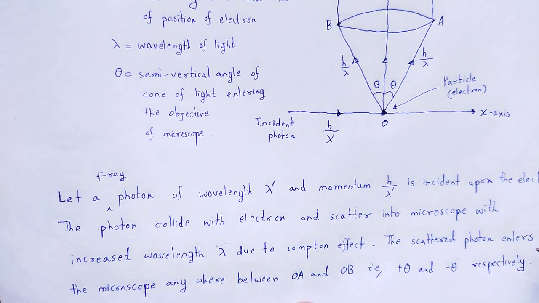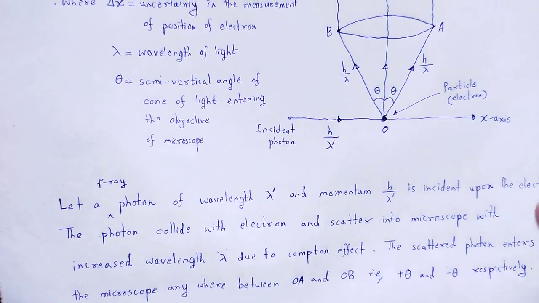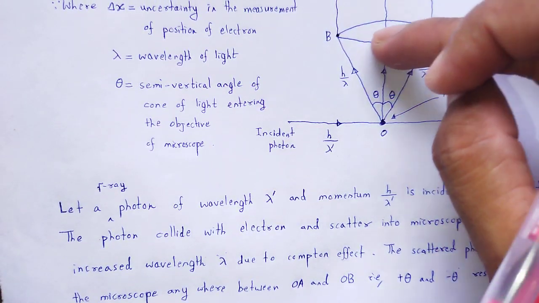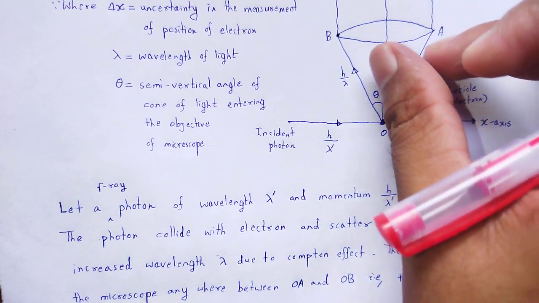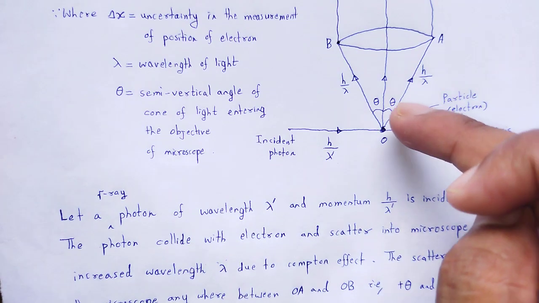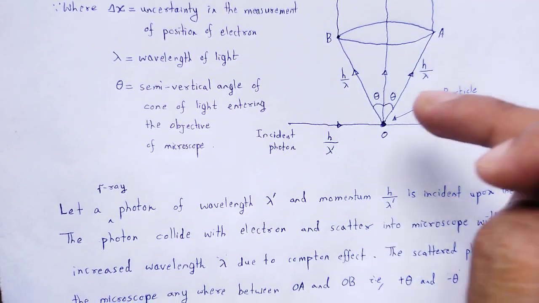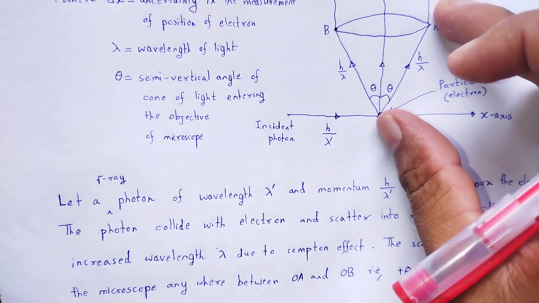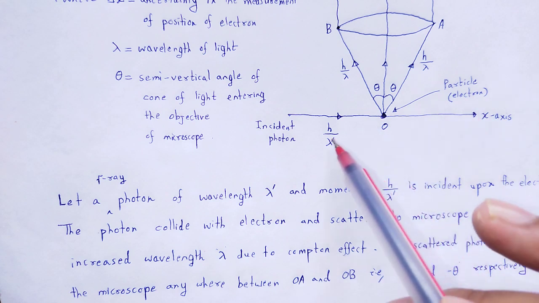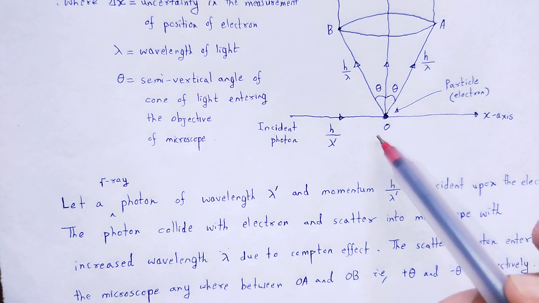The scattered photon enters the microscope anywhere between OA and OB, within the angle range plus theta to minus theta respectively. OA is treated as plus theta, OB treated as minus theta. So what will be the uncertainty in momentum of the electron?